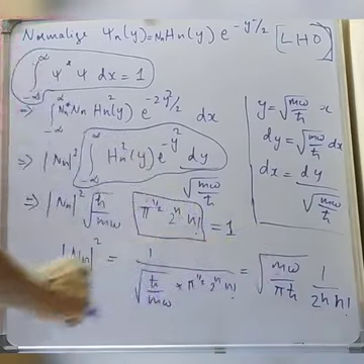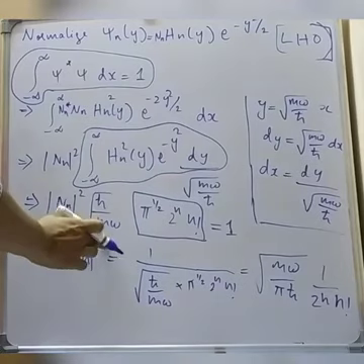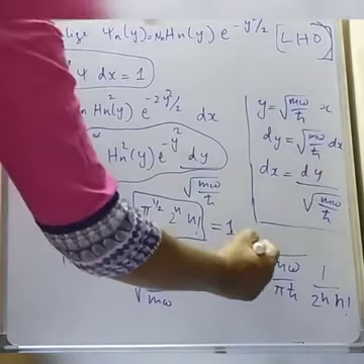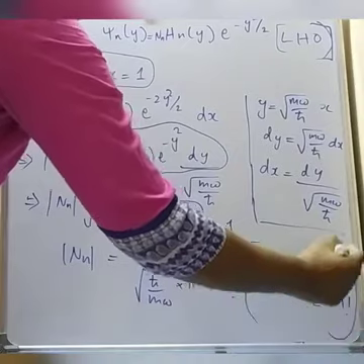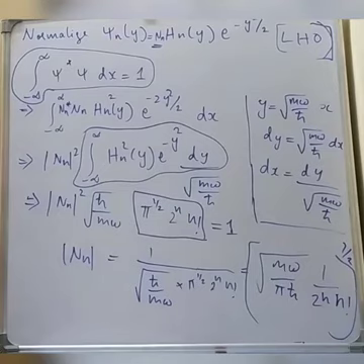So rearranging it, we have square root of m omega by pi h cut into 1 by 2 raised to n n factorial. This is N square, so N will be all raised to 1 by 2. So we can rewrite the value of the normalization constant in the eigenfunction of a linear harmonic oscillator.